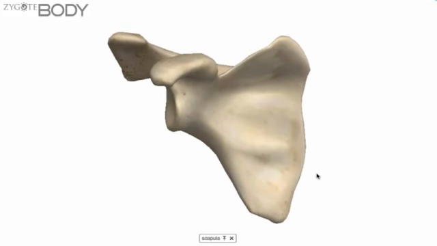So this is the front part of the scapula, the one that is on top of the ribs. The first one is the superior border, and it is the shortest and the thinnest, and it goes from the medial angle all the way to the base of the coracoid process.